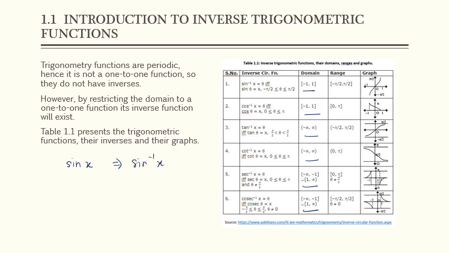So there is a negative 1 on top. If cos x is the trigonometric function, its inverse is cos inverse x. It's similar for tangent inverse, cotangent inverse, secant inverse, cosecant inverse. They have a negative 1 on top, so we call that inverse.